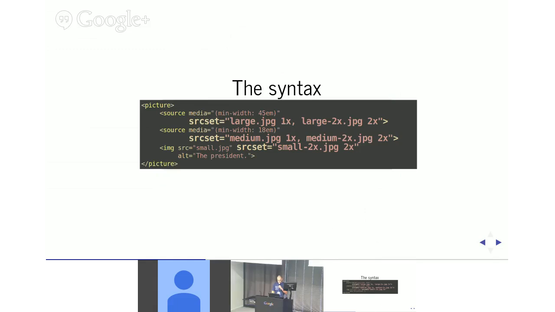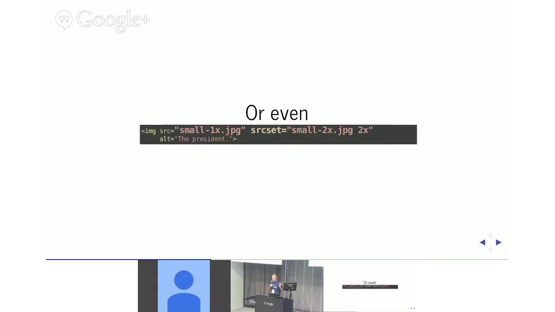And the syntax itself is basically just provide a grocery list of image resources to the browser and let it pick from them according to its DPR. So this is how the syntax works when it's inside picture, but it can also be a part of just the image element with the srcset attribute.